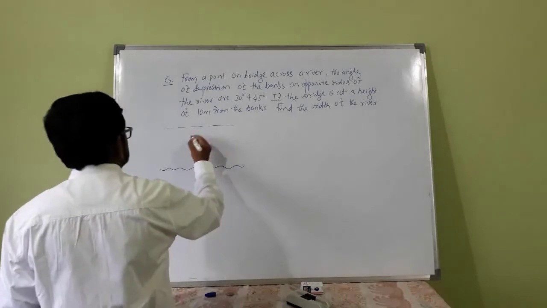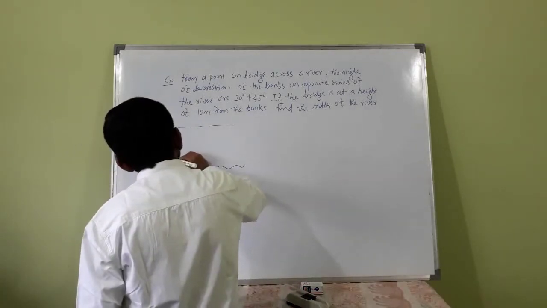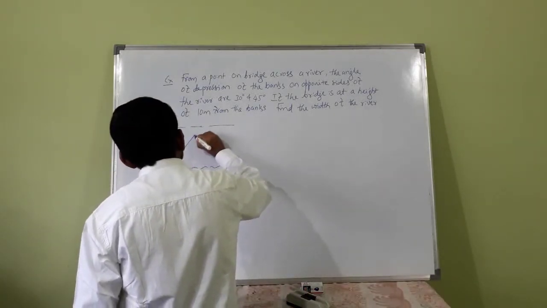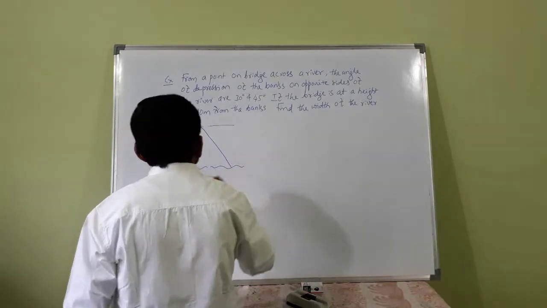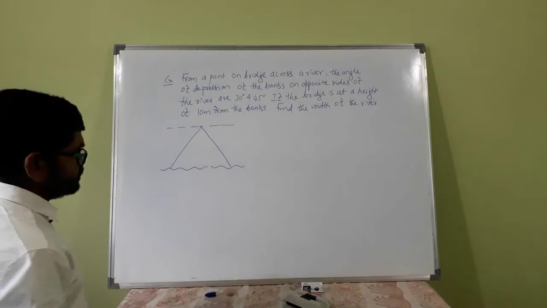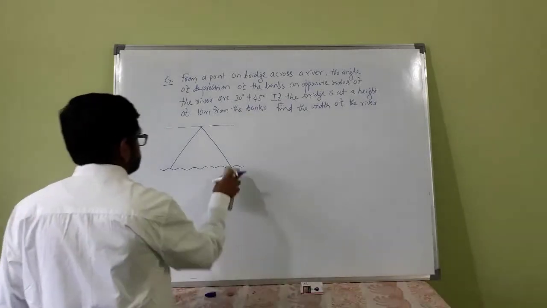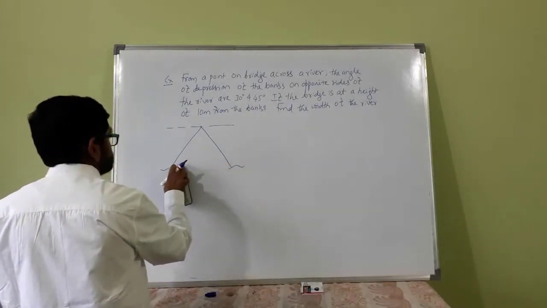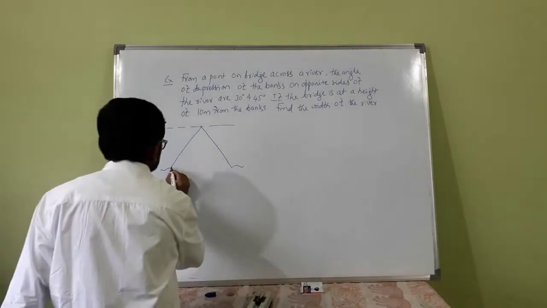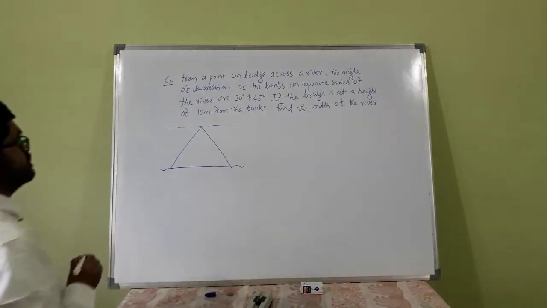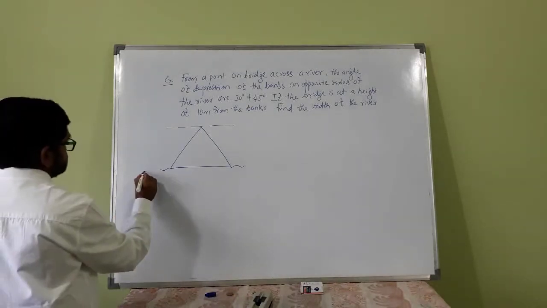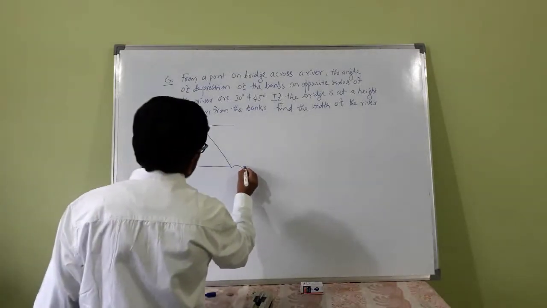Suppose from this he is seeing two sides of banks of this river. It is flowing.